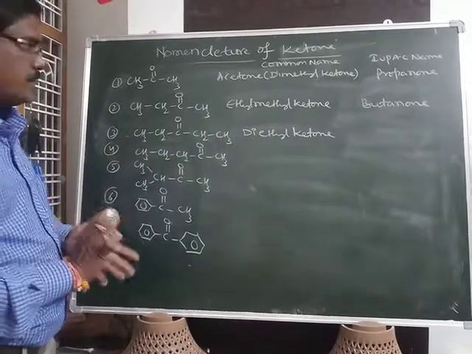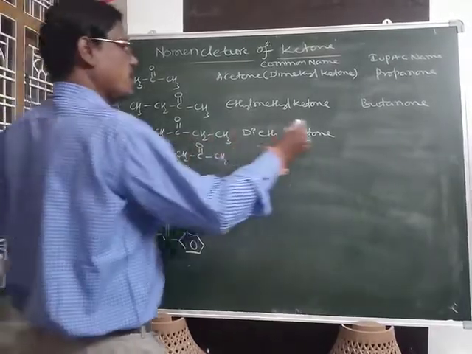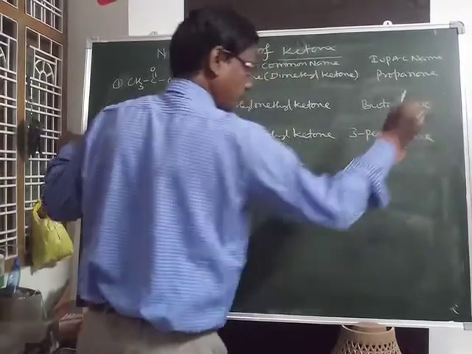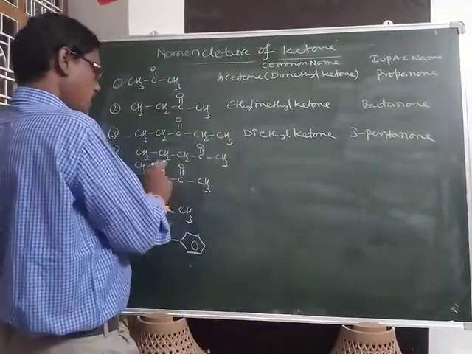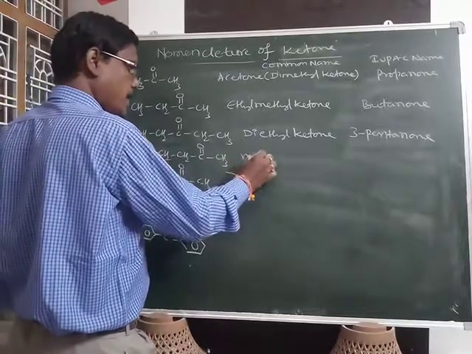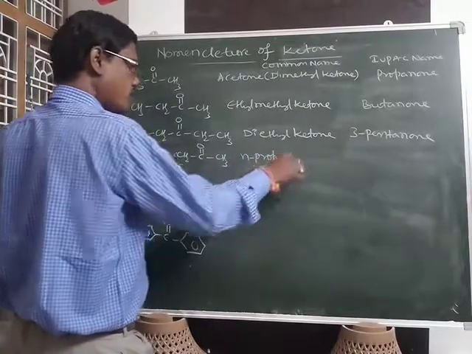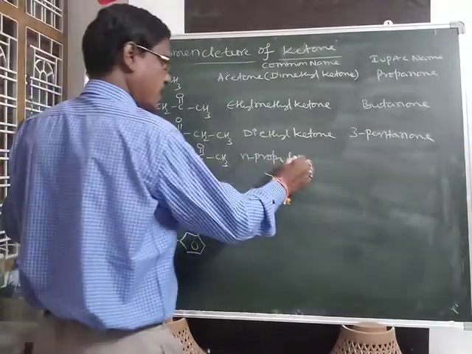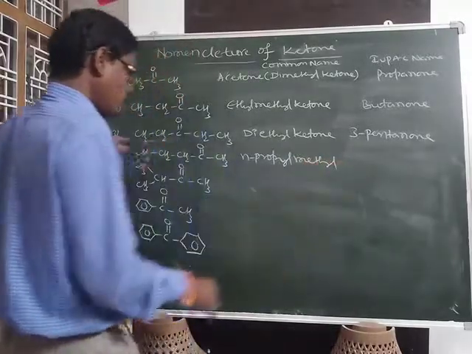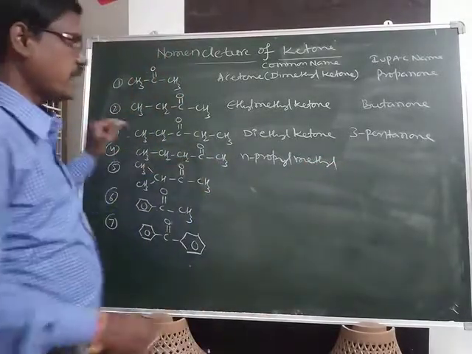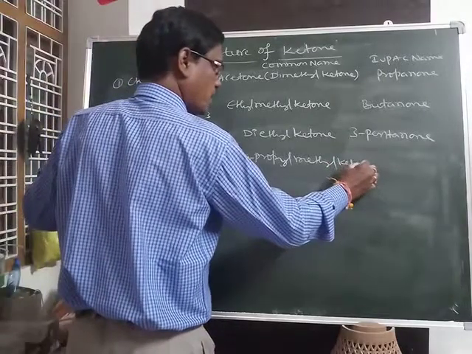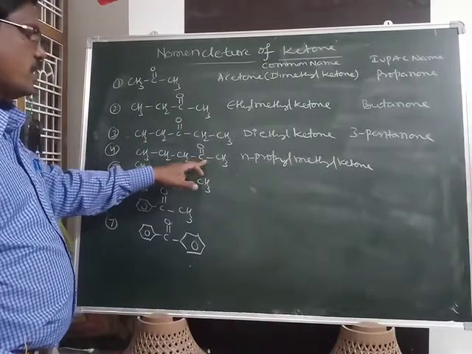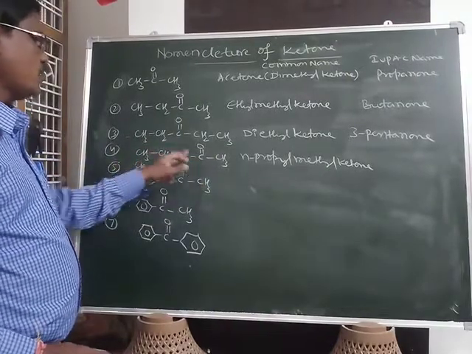Here it is 3-pentanone. Next, this one has a propyl group, n-propyl, because it is a straight chain, and a methyl part: n-propyl methyl ketone. For the IUPAC name, numbering from one side gives 2 and from the other gives 4.